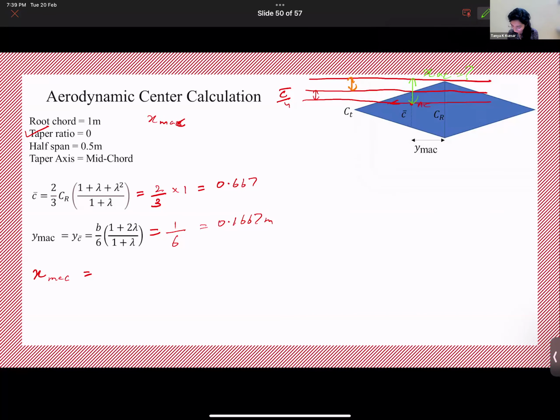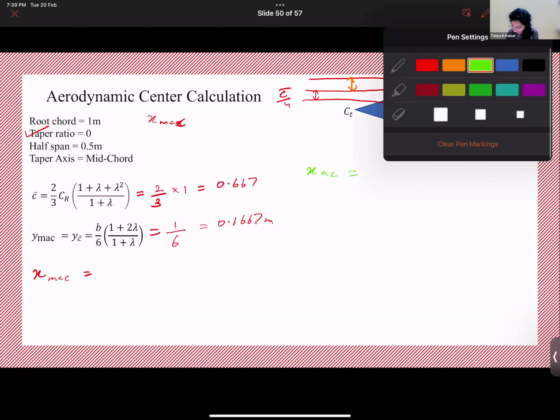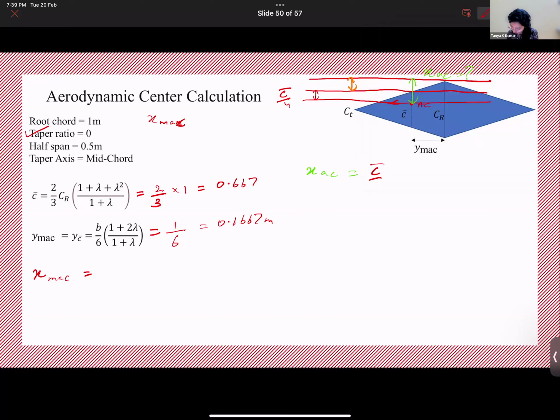So XAC is C bar by 4 plus the length in orange. What is the length in orange? Can you try to tell me? I will write it. Just tell me if it makes sense to you or not. CR by 2 minus C bar by 2. Tell me if this makes sense.